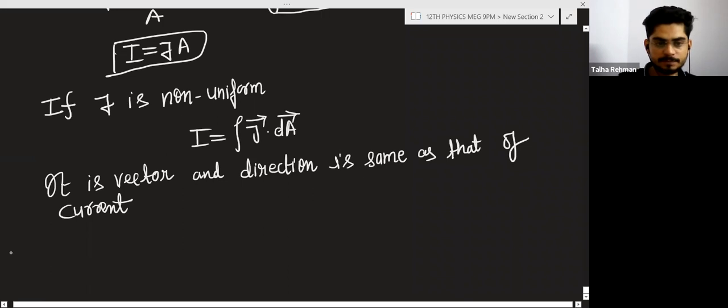Note one point: in NCERT of 12th class, usually the current density is uniform.